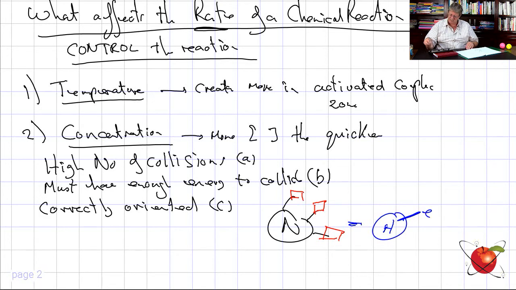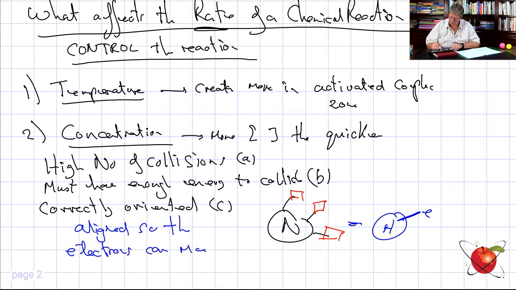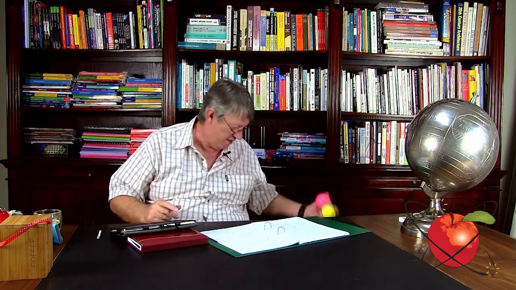In other words, it must be aligned, so the electrons can mesh. Okay? In other words, I've got to make sure that this hydrogen's flying along and this one comes, they've got to be aligned, correctly aligned, so that they will actually bond with each other. Remember all this stuff? Right.